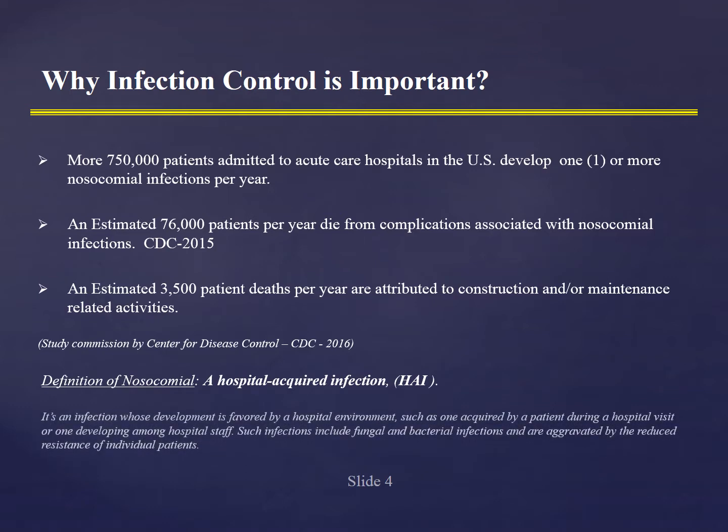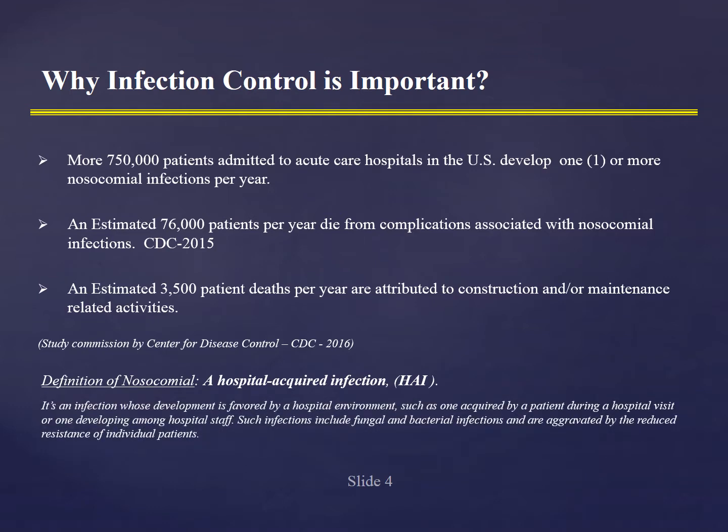Okay, so definition of nosocomial, again, a hospital, and really that needs to change. That's healthcare acquired infection, not hospital. I need to update this language here. But again, it's an infection whose development is favored by a hospital environment or healthcare environment, such as one acquired by a patient during a hospital visit or one developing among hospital staff.